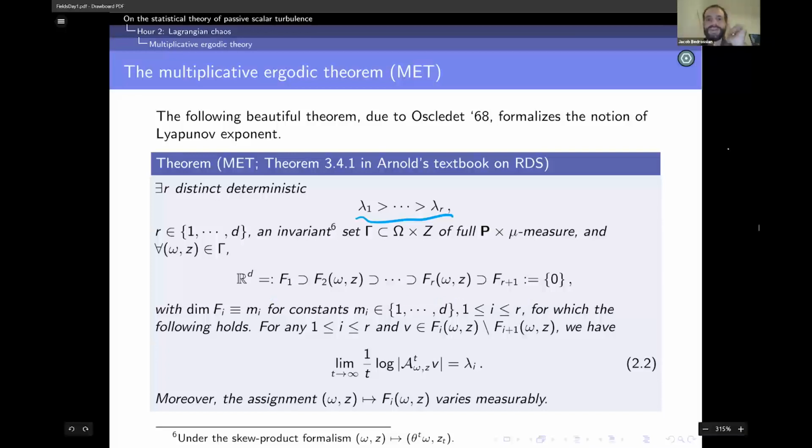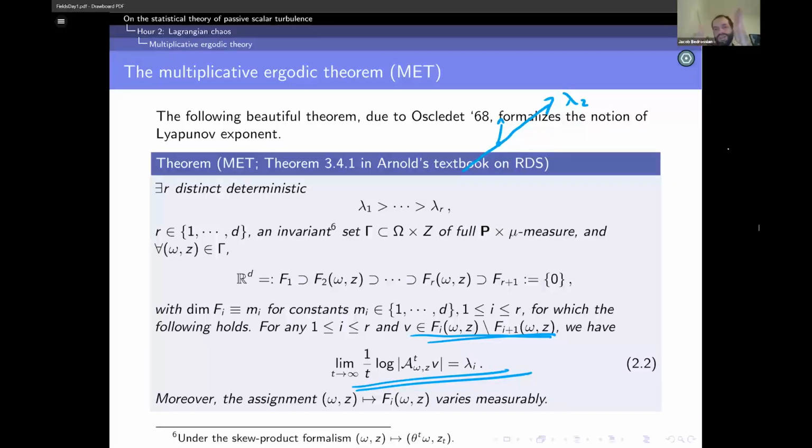which is harder to write down than it is to understand what they are. What they are is the subspaces on which you see these different exponential growths. So for example, if you're thinking about a 2D system, at every position, every initial condition, there's a one-dimensional subspace where you'll see the second Lyapunov exponent, and everything off of this subspace, you'll see the top Lyapunov exponent.